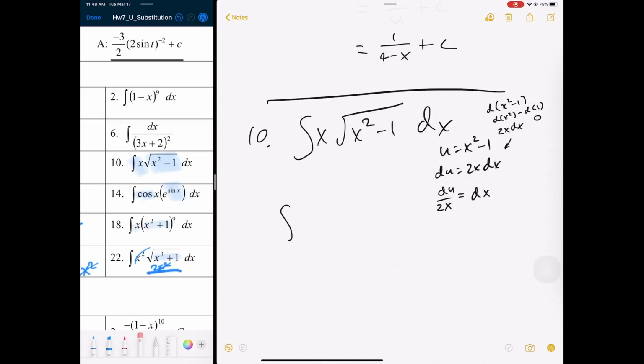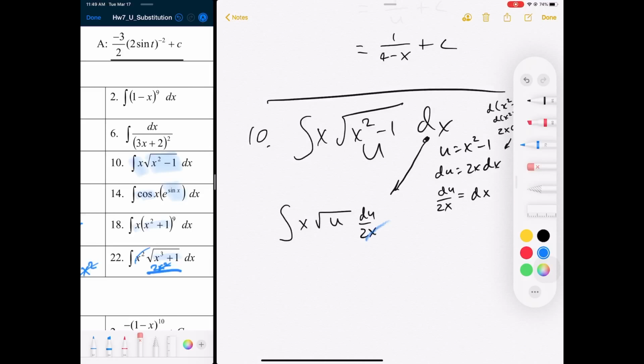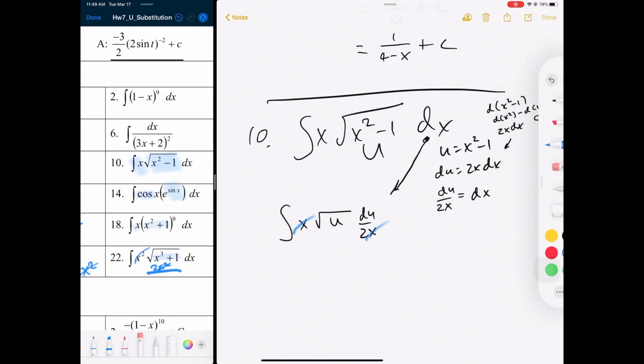Let's rewrite it. The integral of x square root, and we said this was going to be one big u, and then dx over here was going to become du over 2x. And you notice that my x is divided out, so we have no more other variables. Look at this problem again. Do we have any other variables besides u?